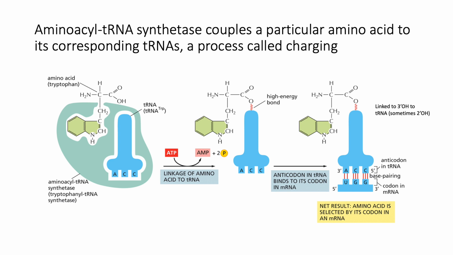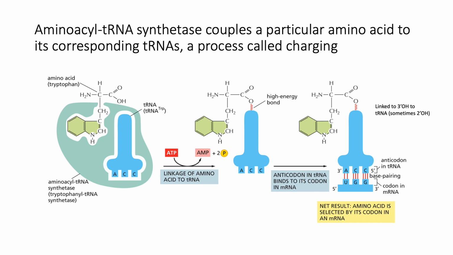And it's bound, I have it written on the right-hand side, it's bound to the 3' hydroxyl of the transfer RNA, sometimes the 2' hydroxyl of the transfer RNA, but it's always the very last nucleotide. And then, of course, that charged tRNA, which is now carrying the amino acid, can now base pair with its codon.